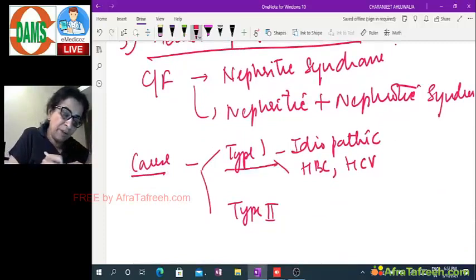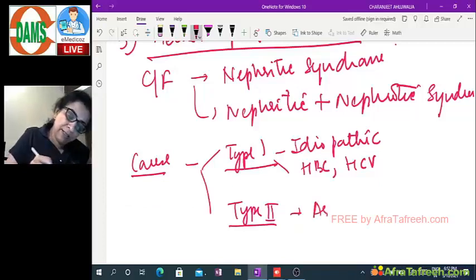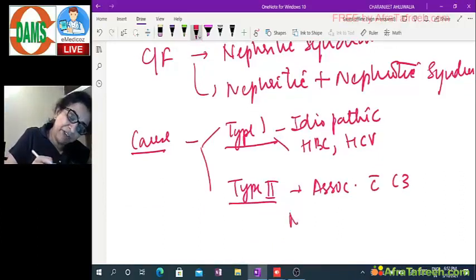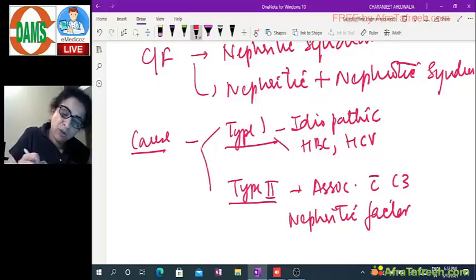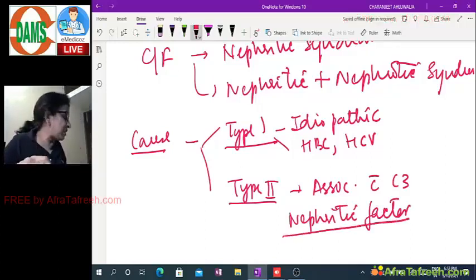And type 2, if you look at type 2 MPGN, membranoproliferative, is associated with C3. These people have C3 nephritic factor in their blood. So type 2 MPGN के मरीजों के blood में C3 nephritic factor होता है. What is C3 nephritic factor?